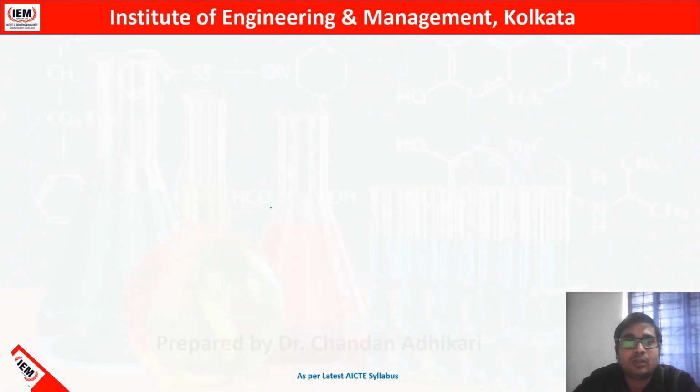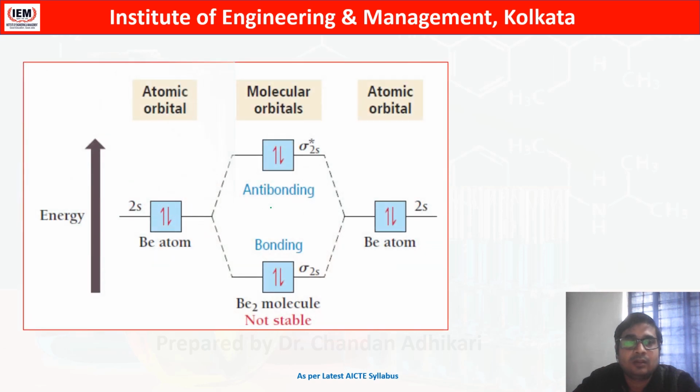Actually they are quite similar, and this will be your beryllium, similar to lithium. If we try to construct the beryllium molecular orbital diagram, you can see that in beryllium the electronic configuration is 1s2, 2s2.